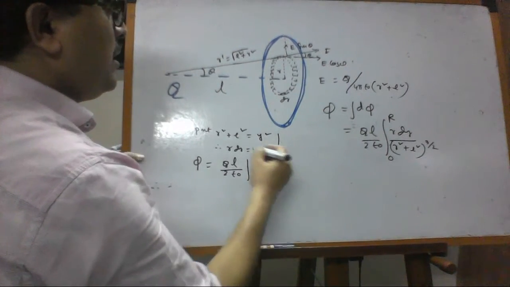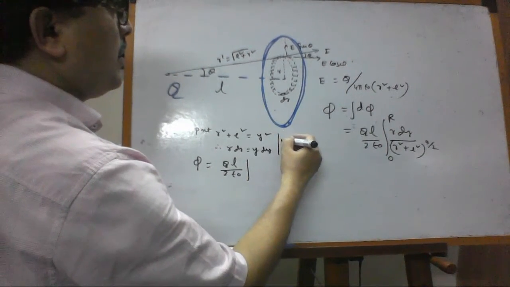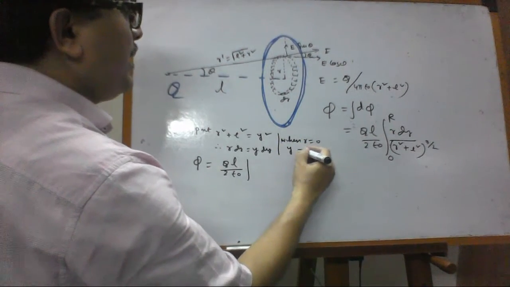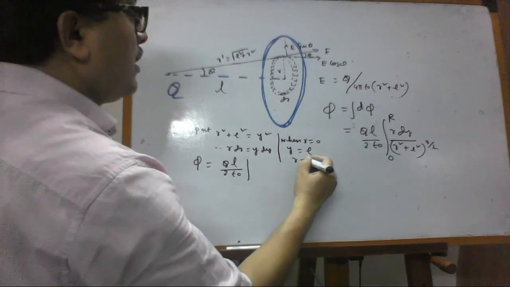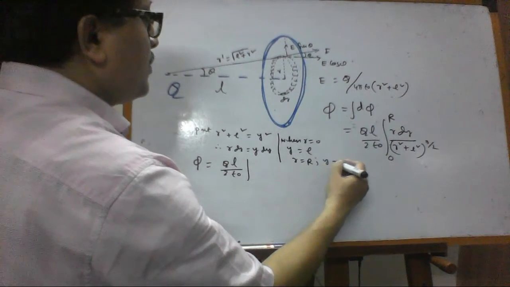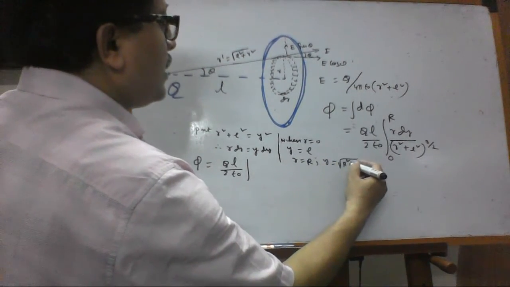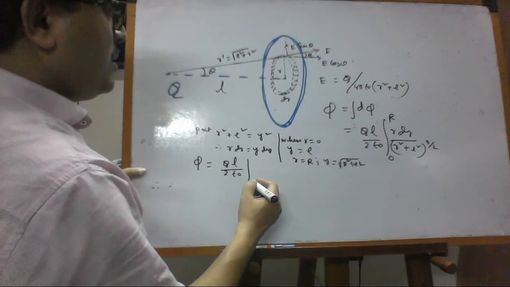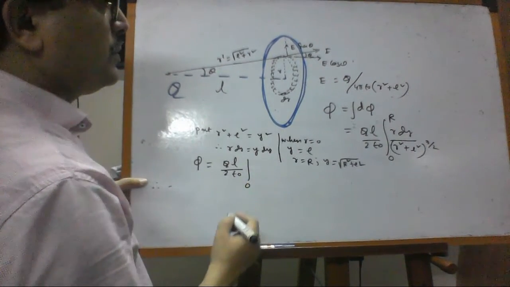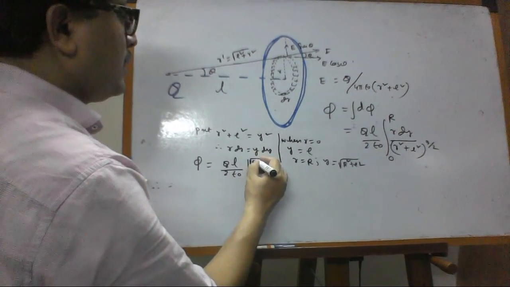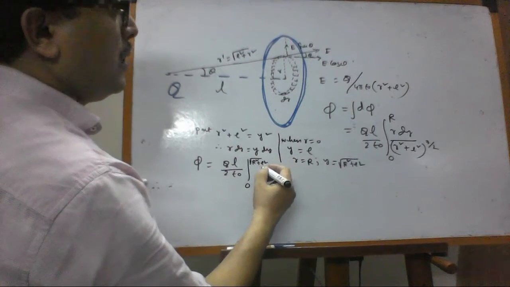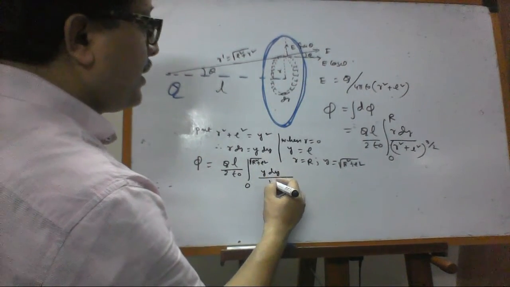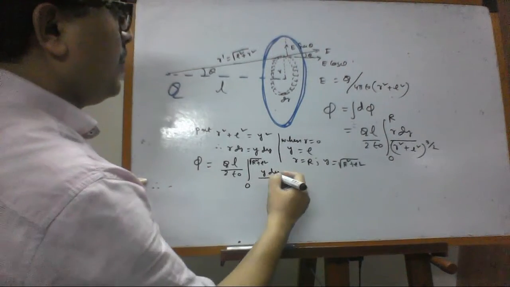Now change the limit here: when r equals 0, y equals L, and when r equals R, y equals root over R square plus L square. So r dr is y dy, divided by y cube.